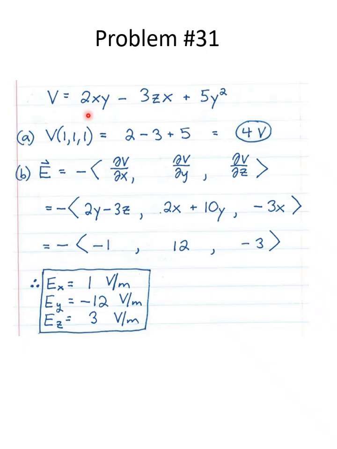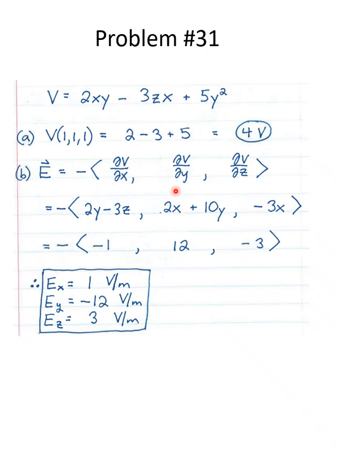So this first term, again thinking of y as a constant, is 2y minus 3z, and then there's nothing with regard to x in this third term, so that's just plus 0. So the first term is 2y minus 3z.